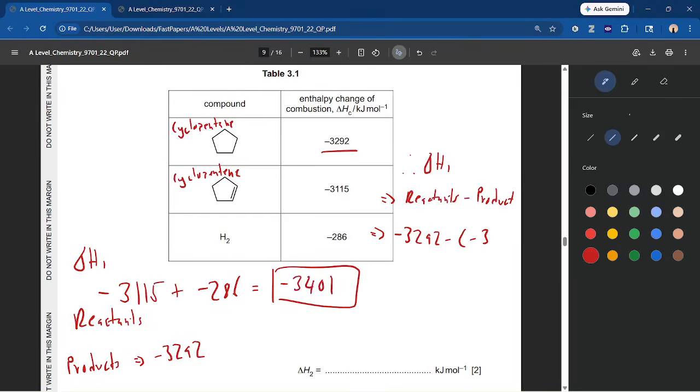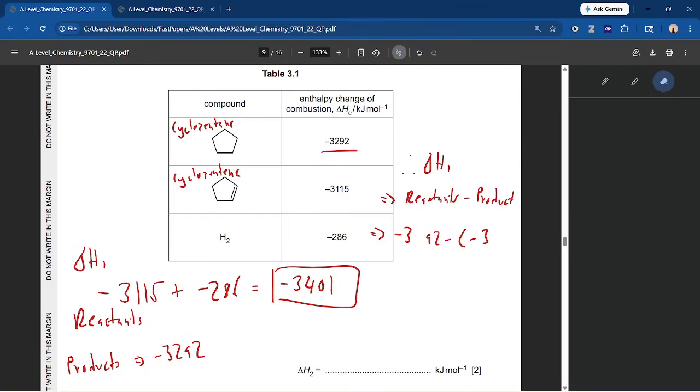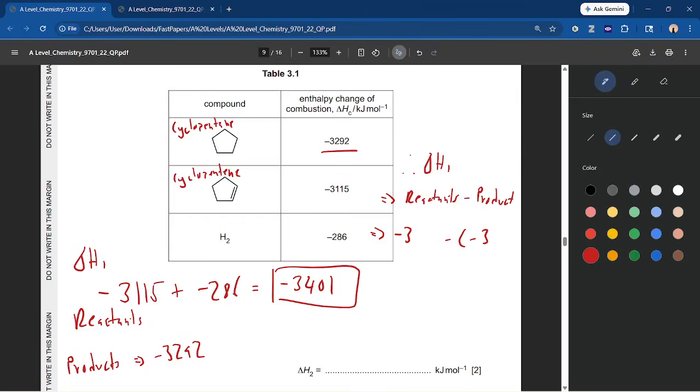So this will be minus 3401 minus minus 3292. And if you do the math, that's going to be minus 3401 plus 3292, because minus minus. And so you get minus 109.